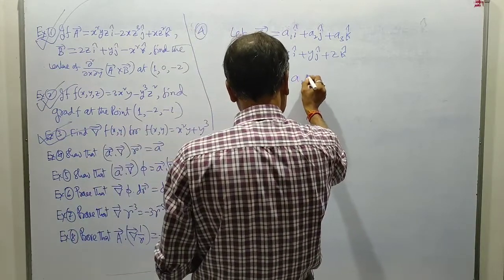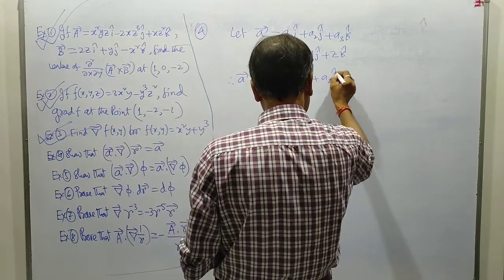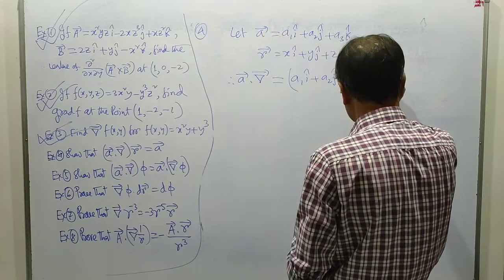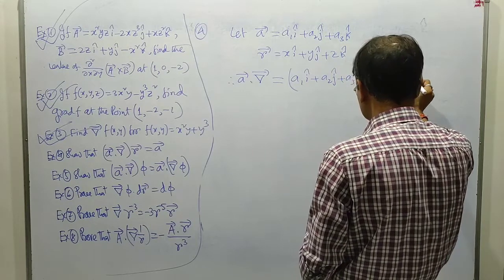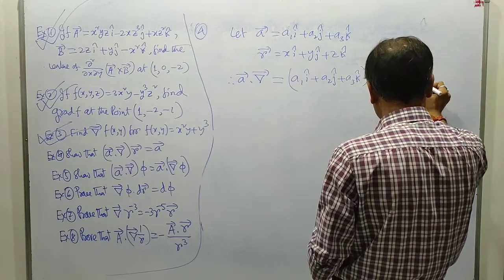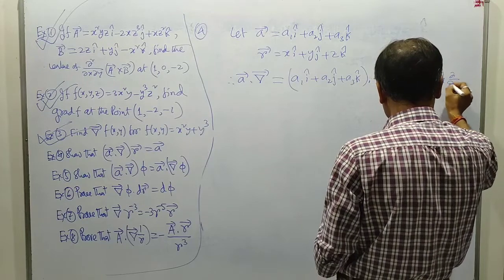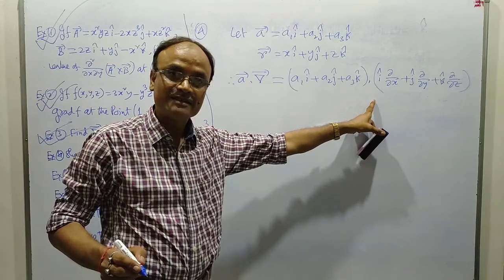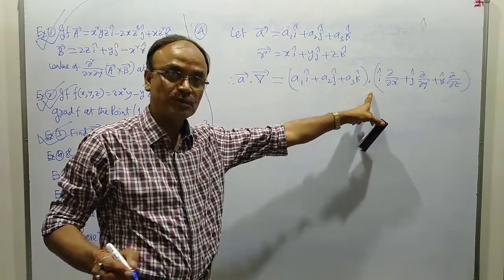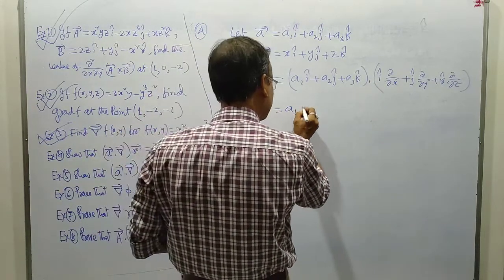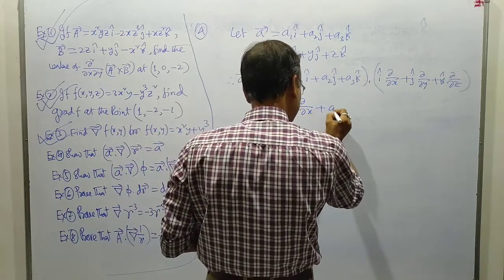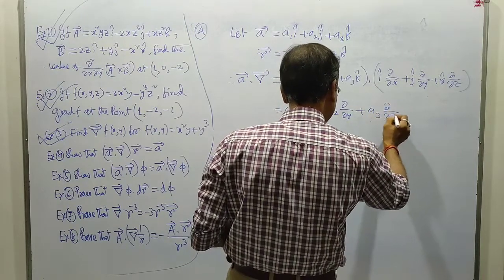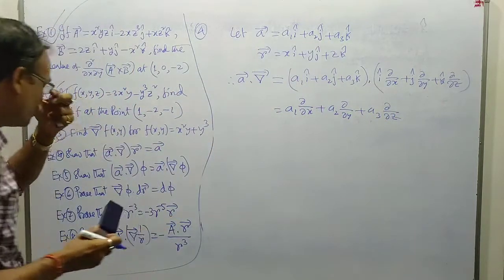Therefore, A vector dot nabla equals (A1 i cap plus A2 j cap plus A3 k cap) dot (i cap del by del x plus j cap del by del y plus k cap del by del z). Since it is a dot product, you will get A1 del by del x plus A2 del by del y plus A3 del by del z.